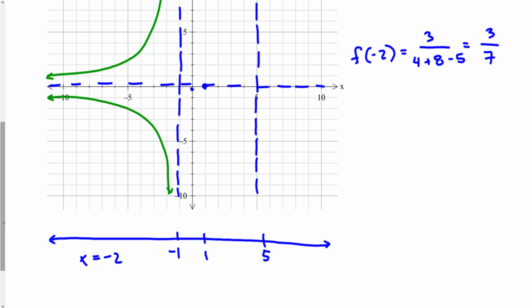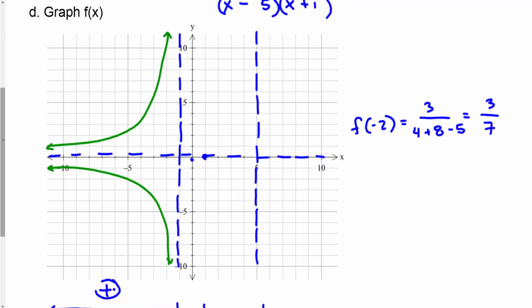It doesn't really matter exactly what the value is. It only matters that it is positive. So this value is positive. What that means is the upper portion is the portion that's actually part of my graph. So this right here is part of my graph. I'm going to get rid of this portion because it can't be negative numbers.